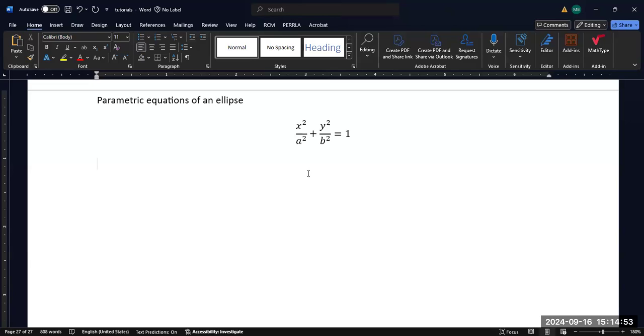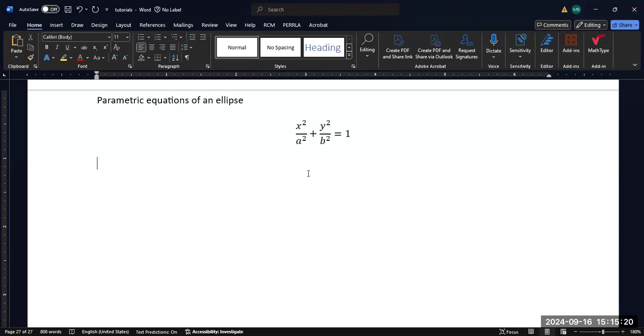Again, this doesn't really affect us when we go to parametrizing because we need one of A or B to be bigger in order to find our focus and know what axis it's on. But when we're doing parameterization, we're not necessarily doing that. We're concentrated more on just the general outline of the outside of our function or our graph.